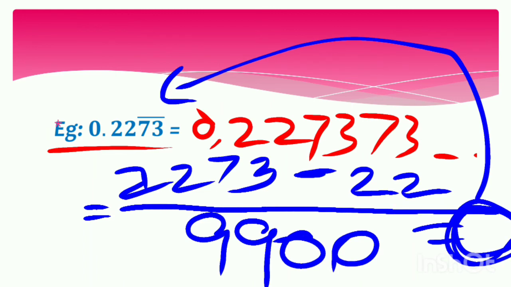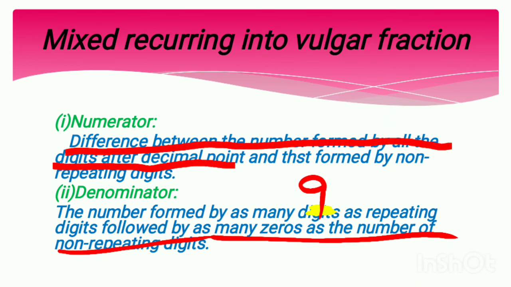Let me quickly narrate the procedure to convert mixed recurring into a vulgar fraction. First we have to form the numerator, then the denominator. For the numerator, we find the difference between the number formed by all the digits, including both repeating and non-repeating, and the number formed by non-repeating digits.